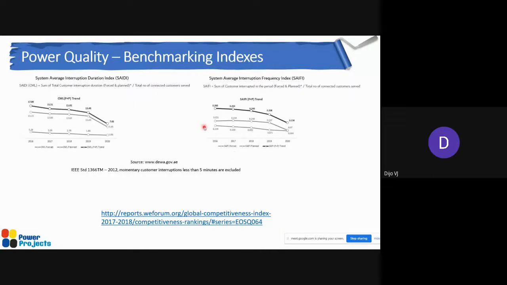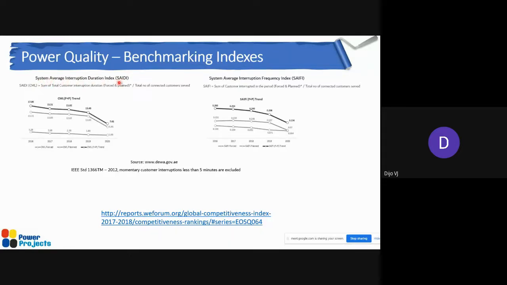So let's try to understand how the world is looking at power quality. Just to give a hint of how benchmarking is done, or how the reputed utilities are competing with their counterparts from other countries, it is good to know some of the indexes.